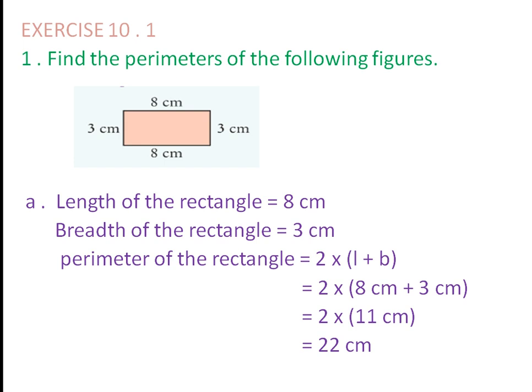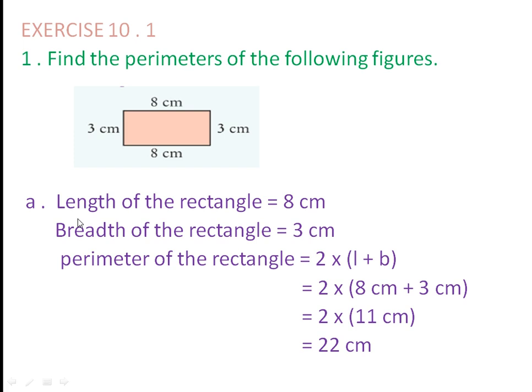First see the sides. Here the opposite sides are equal. The opposite sides are equal, means this is a rectangle. Now we find out the perimeter of the rectangle. Like that we should solve the problem.